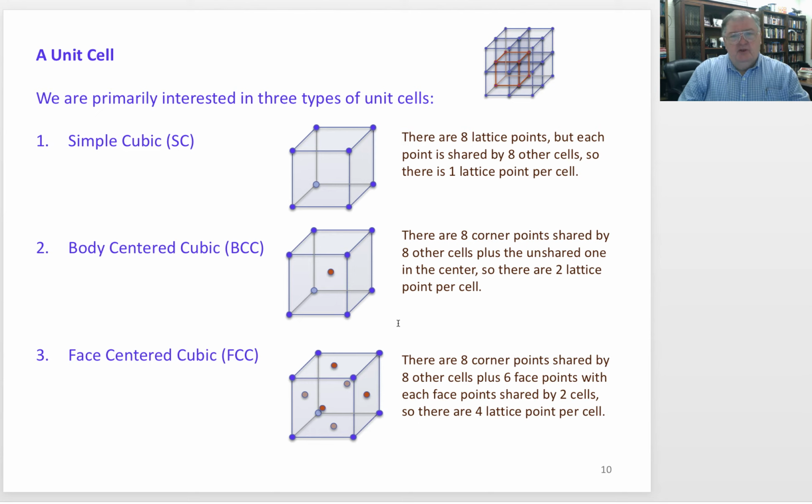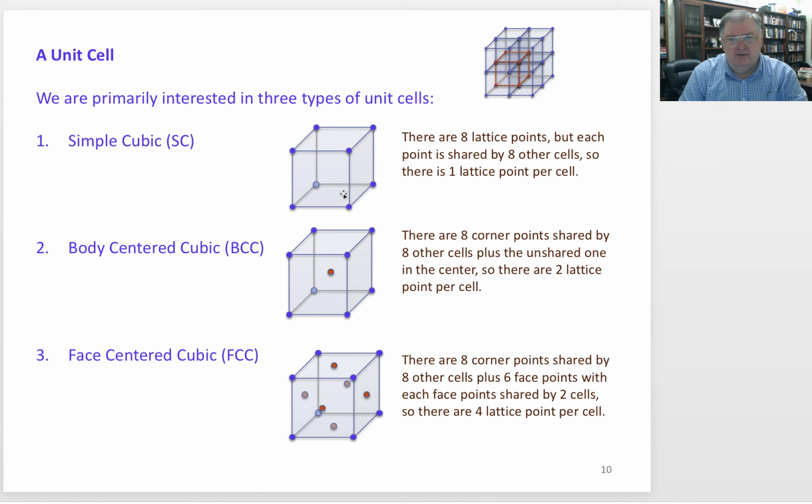As I mentioned, we are interested only in 3 of the typical unit cells, the so-called cubic unit cells: the simple cubic, the body-centered cubic, and the face-centered cubic. Take a look at the simple cubic. Here's the unit cell. You can count 8 lattice points. But notice this unit cell doesn't sit by itself, it's part of a crystal.